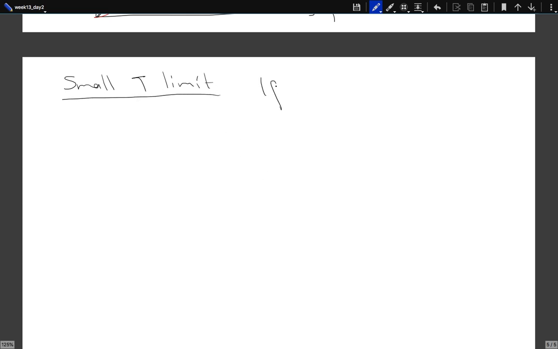Well, you see, small temperature basically means that beta goes to infinity. Now, if you look at this term, which was 1 over e to the power beta (epsilon minus mu) plus 1, this goes to, okay, so if beta goes to infinity, and if epsilon is larger than mu, epsilon minus mu is a positive number multiplied by infinity is a positive infinity, so e to the power positive infinity is infinite, 1 over infinite is 0.